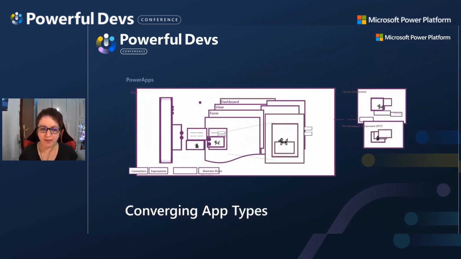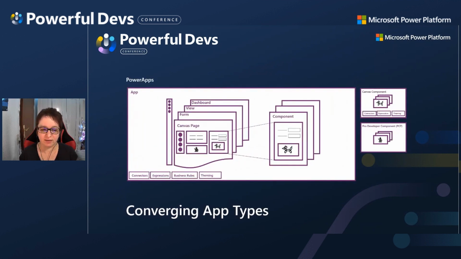There are a few steps to follow, but the target is having the converged app. So you don't have to decide in the beginning if you have a model-driven app or a Canvas app. You have one app and you can use the best of both worlds.